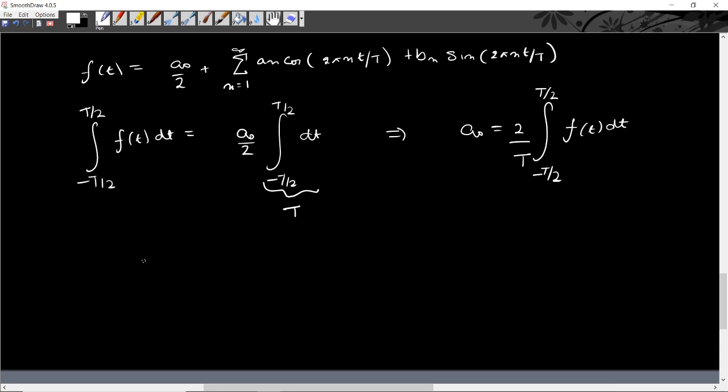So if we want to find the coefficient an, what we will do is multiply both sides of this equation with cosine 2 pi n t over T, and here also cosine 2 pi n t over T, and integrate.